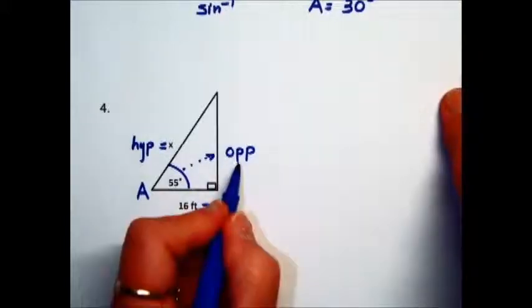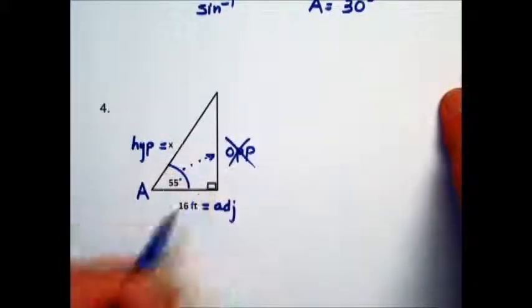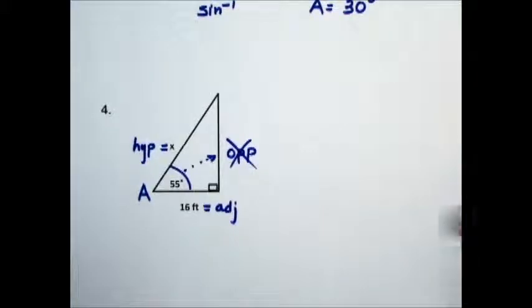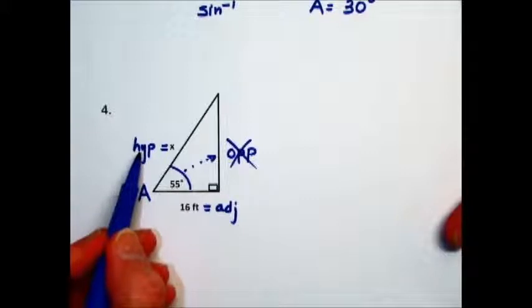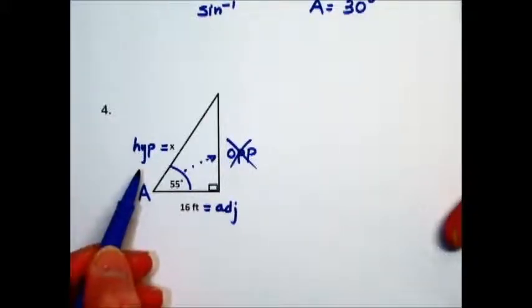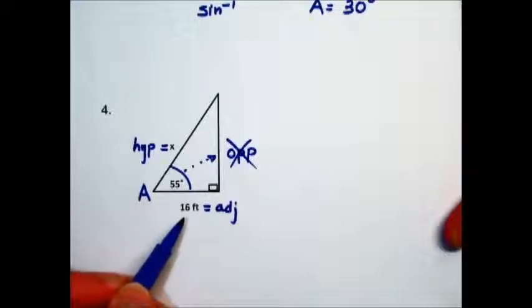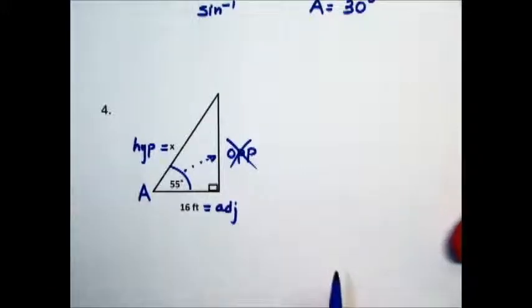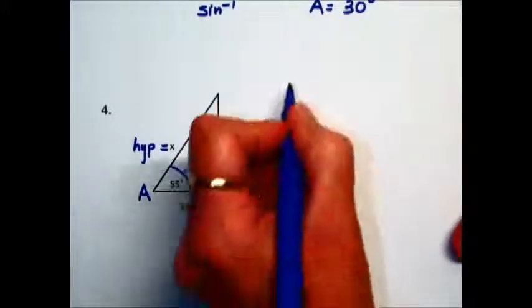Since we don't know anything about the opposite and aren't looking for it, we'll discard that. So we have information about or are looking for a value of either adjacent and hypotenuse. Those will be the two sides that we'll use.